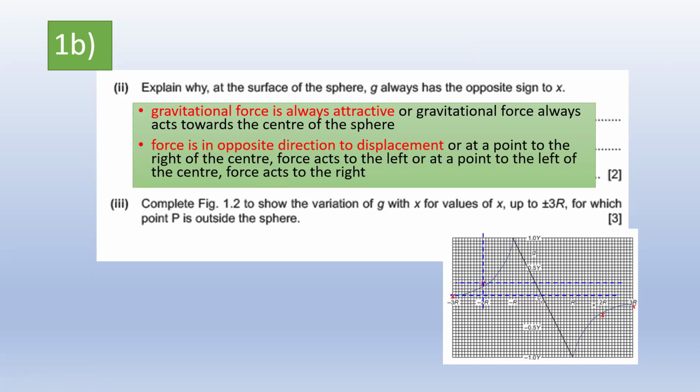Complete figure 1.2 to show the variation of G with x for values of x up to plus minus 3r, which is outside the sphere.